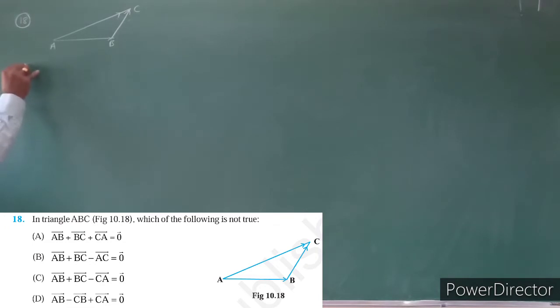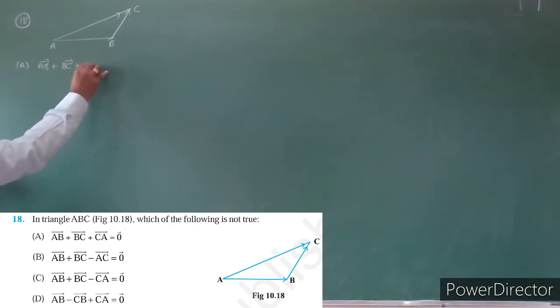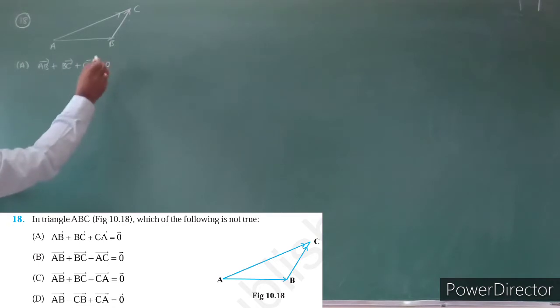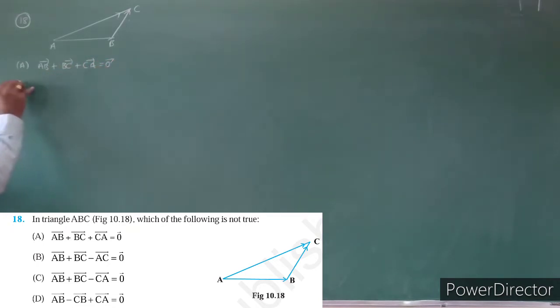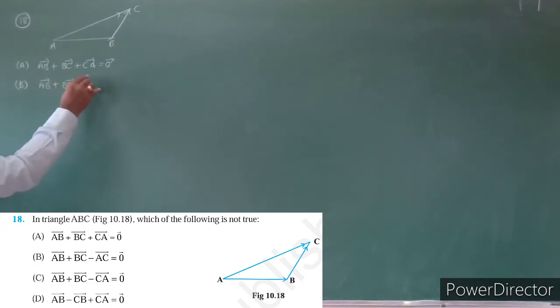So what is the first question? The first question is AB bar plus BC bar plus CA bar is equal to 0. Second question, AB bar plus BC bar minus AC bar is equal to 0 bar.